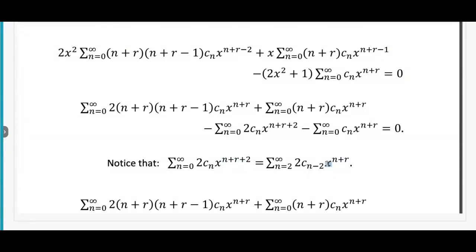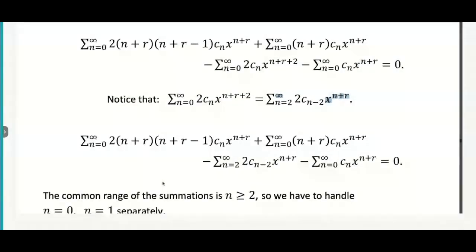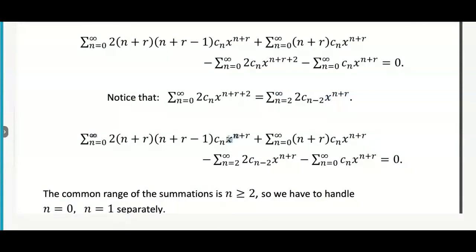Now we have the same exponents, x raised to n plus r everywhere, so we can factor out x to the n plus r. This has x raised to n plus r, this one same, this one same.